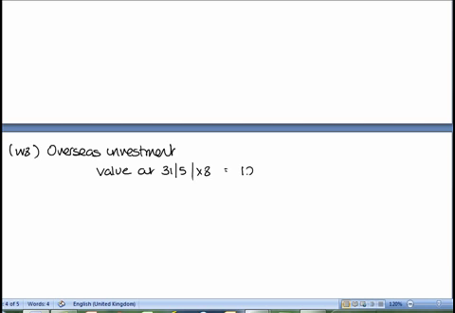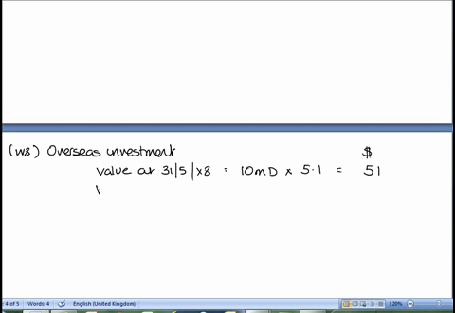It's going to be 10 million dinars and the exchange rate is 5.1. So there's $5.1 to the dinar, so the value is $51 million.